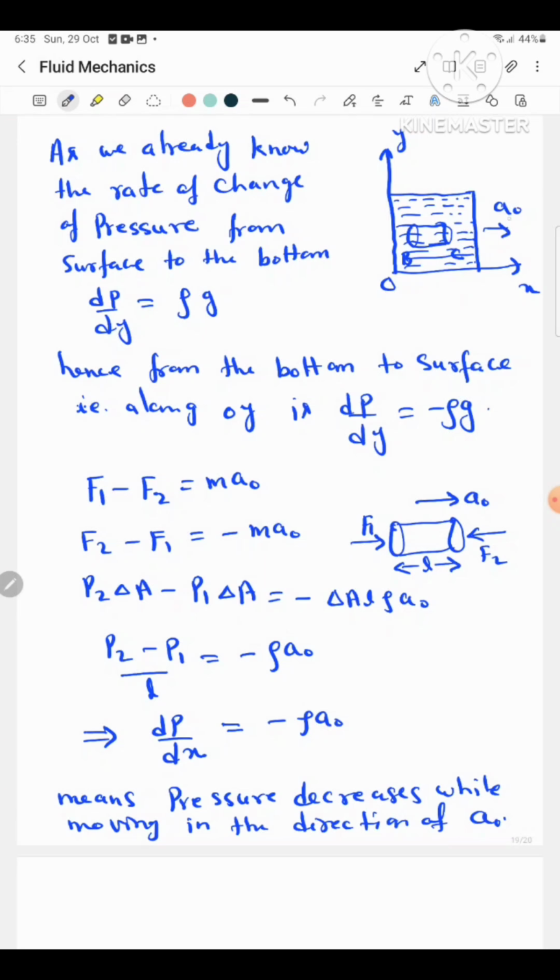Here, if acceleration A naught is 0, then dP upon dx is equal to 0. That also satisfies the concept that we have already discussed, that in the fluid, at every point horizontally, the pressure will be the same. If the height from the surface of the liquid is the same, then on all the points that lie on this horizontal line, the pressure will be the same.